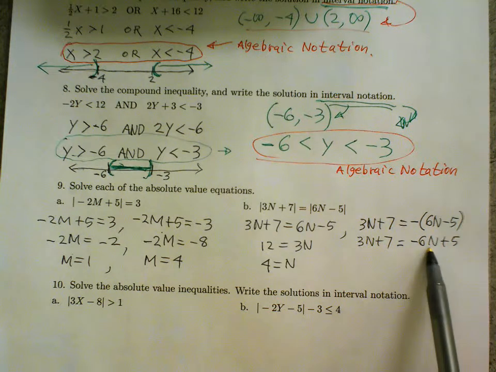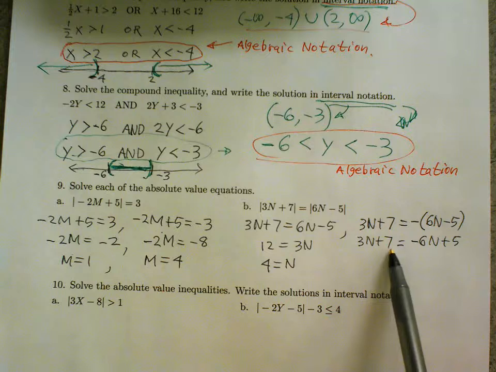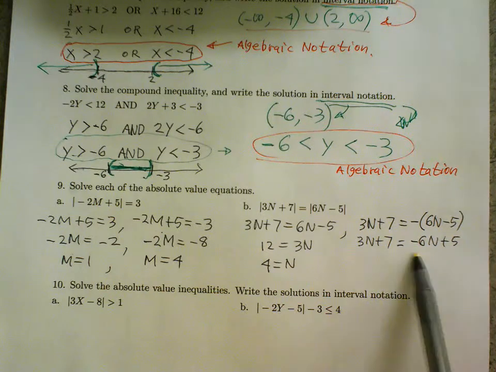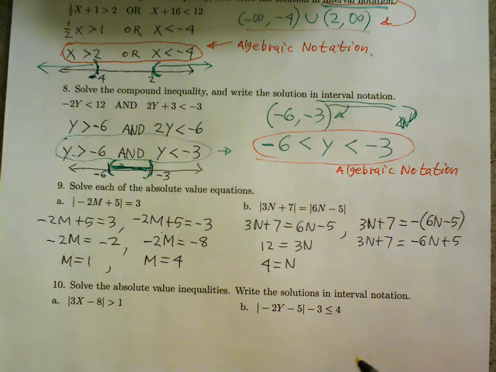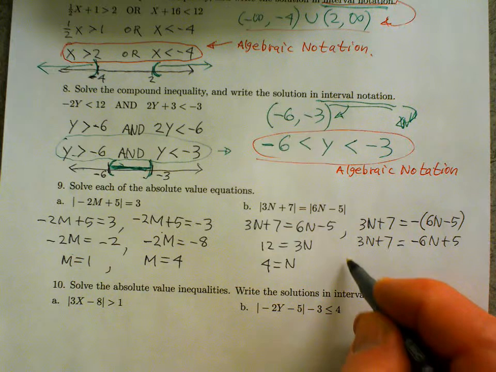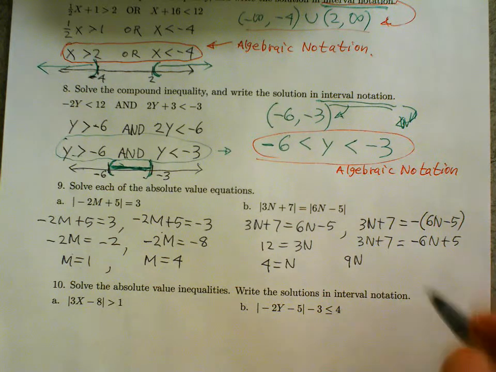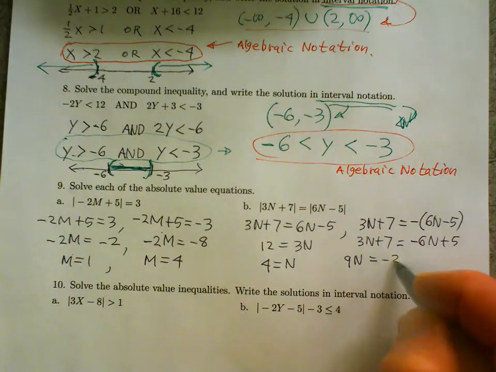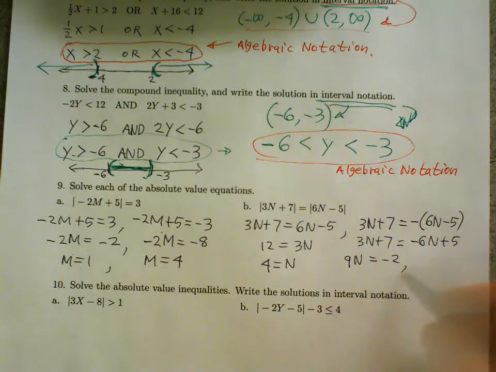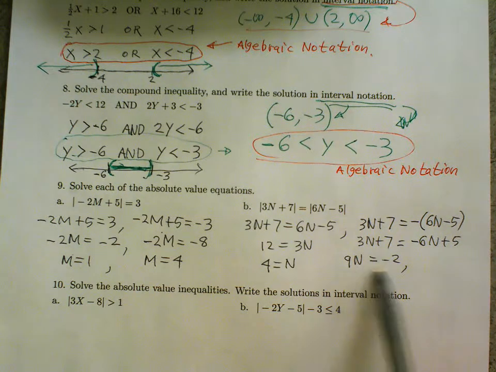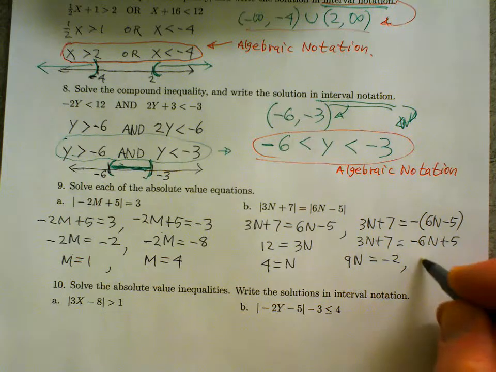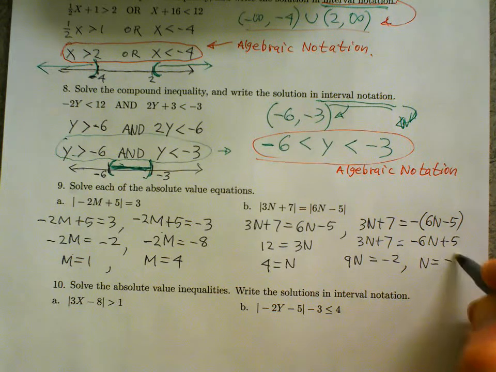We can add 6n to both sides and also subtract 7 from both sides. So adding 6n to both sides, we get 9n on the left-hand side. Subtracting 7 from both sides, we get negative 2 on the right-hand side. And then lastly, divide both sides by 9. We get n equals negative 2/9.